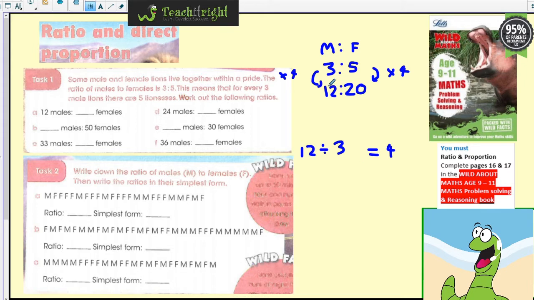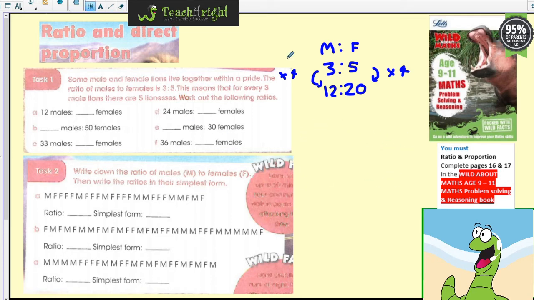So if you ever want to know what's required, for example, 5 times what equals 20, I would do 20 divided by 5, and 20 divided by 5 gives you the 4. So if you go in reverse, you'll work out what you need to multiply a number by to get that number. That's a good little trick. Remembering to set it out like that is how you can always work out what you need to multiply by. Good little tip.